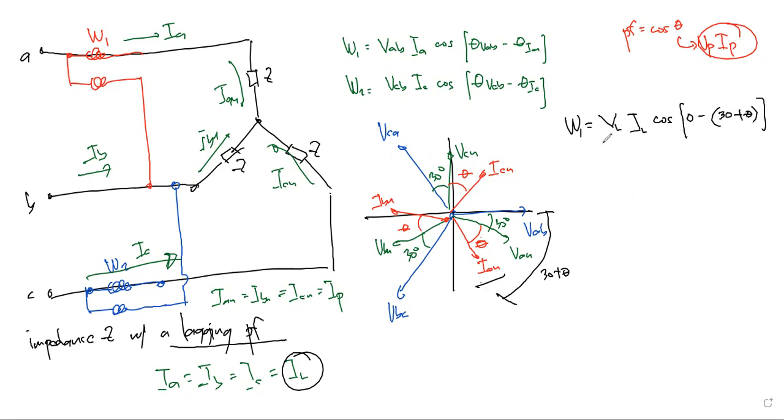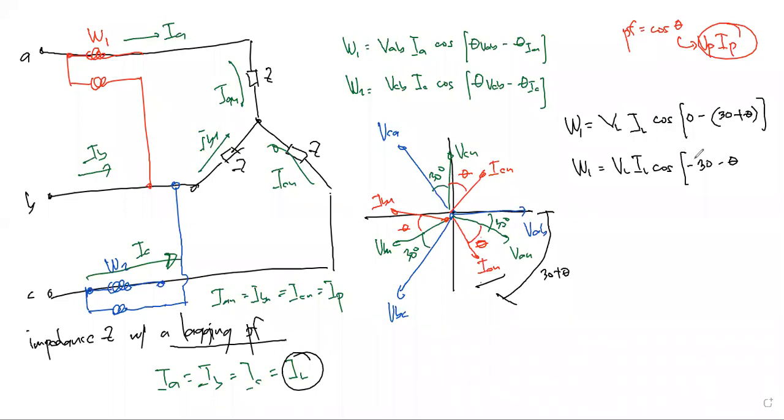So this would be the indication of wattmeter 1. That is VL IL cosine of negative 30 minus theta. Or basically we can have, okay, let me erase.